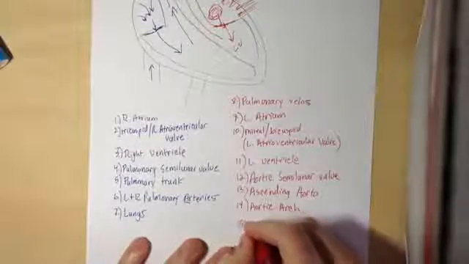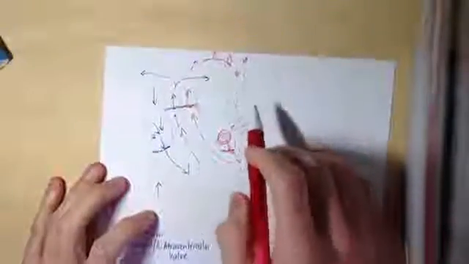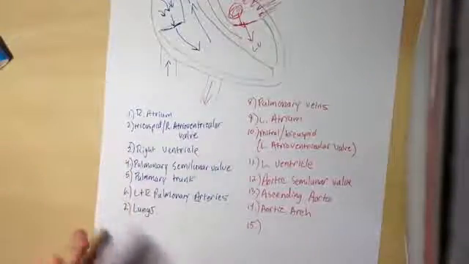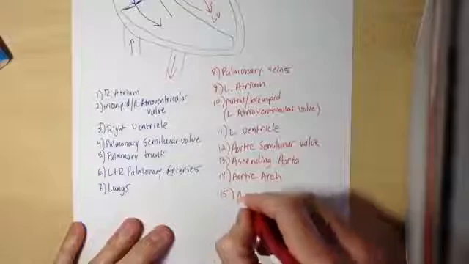And lastly, number 15 is after the blood comes around the aortic arch, it's going to continue to travel down the aorta and then branch off into different smaller arteries and go off to the rest of the body. So step number 15 is simply aorta.